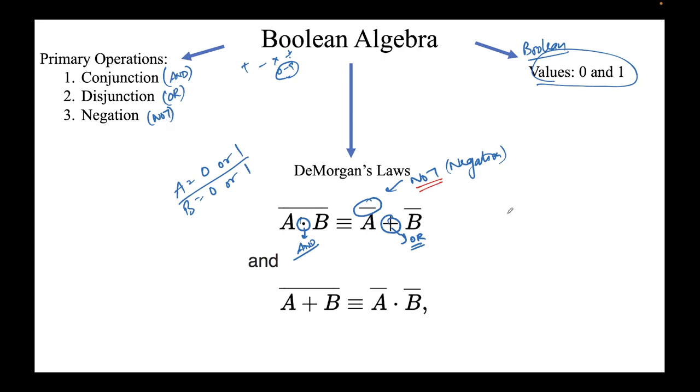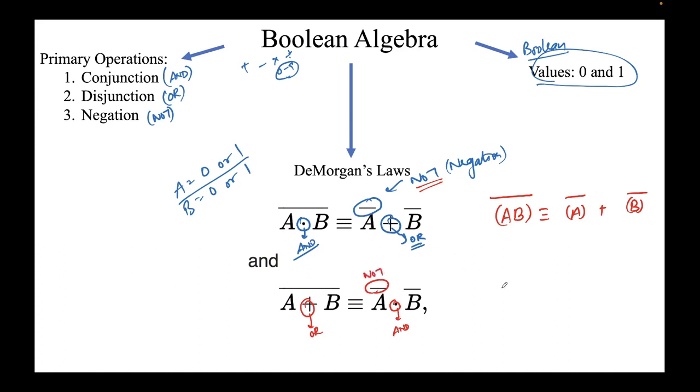What De Morgan says is that when you multiply two values A and B, first you multiply, then you take the negation. This is equivalent to taking the negation of A and ORing it with the negation of B. This is the first De Morgan's law. A counterpart to this is the second law. I'll repeat again: this dot means AND, this plus means OR, and this bar means NOT.